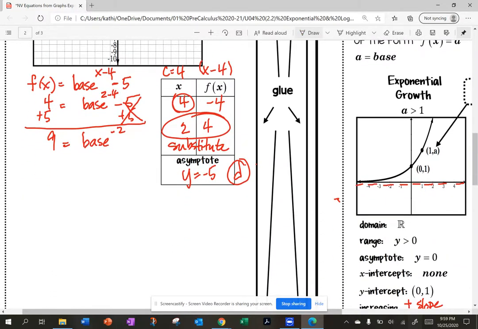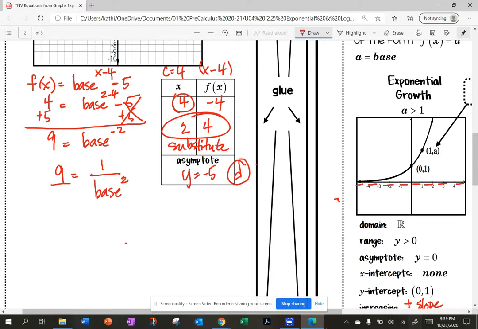When I have a negative power, that means I need to change it from the numerator to the denominator, or vice versa, wherever the negative is. So I'm going to rewrite this as 9 equals 1 over the base squared.